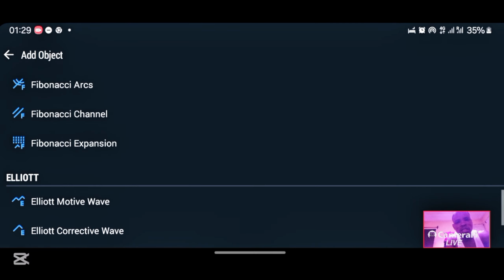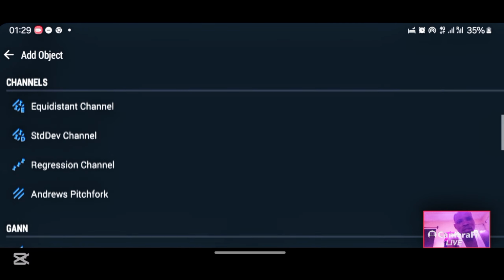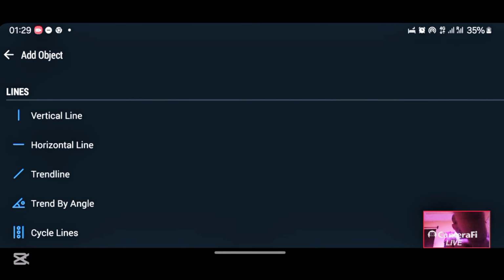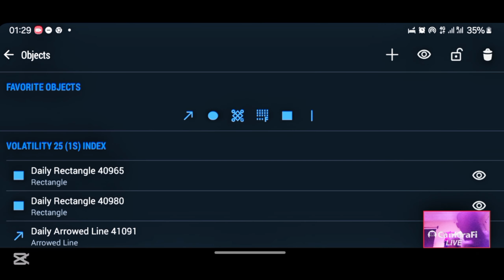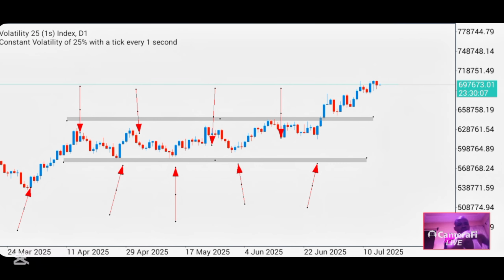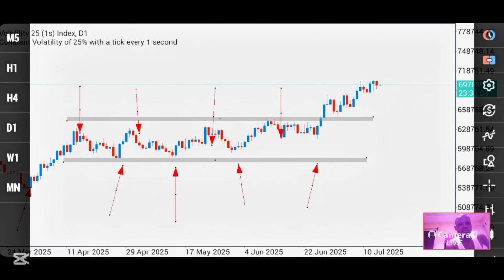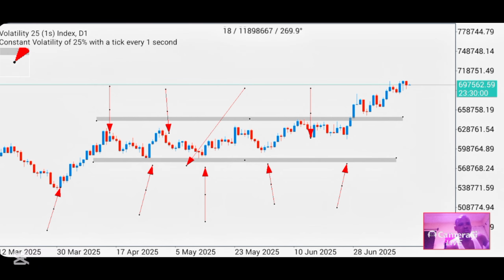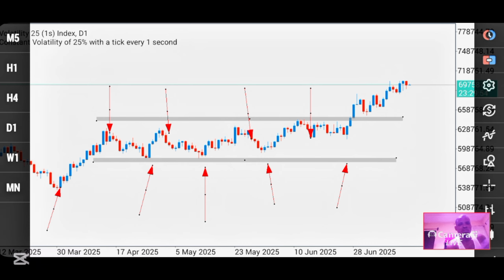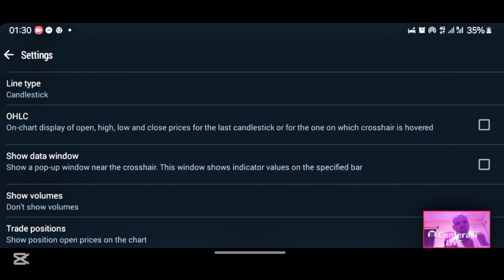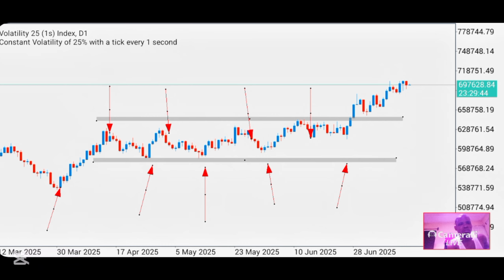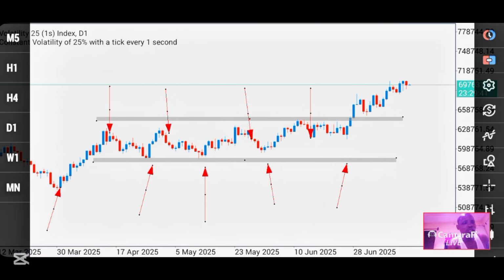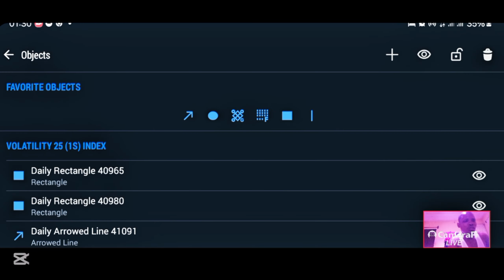Now let's get tests. Can we get tests? Where can I get the test too? Here are the resist levels.